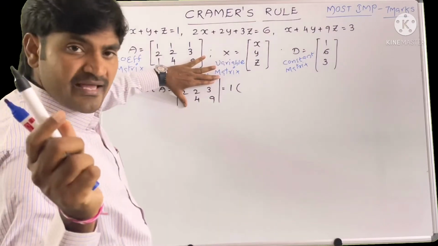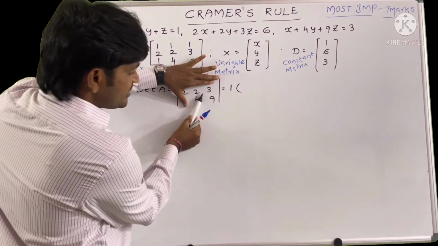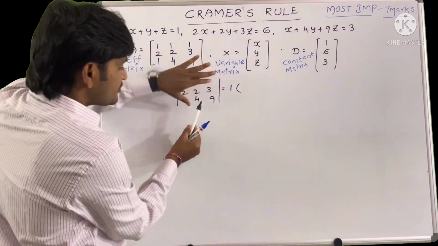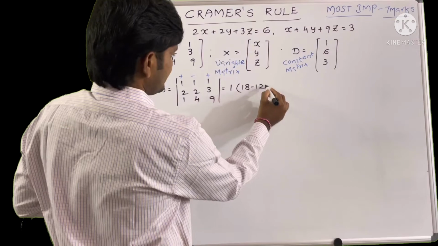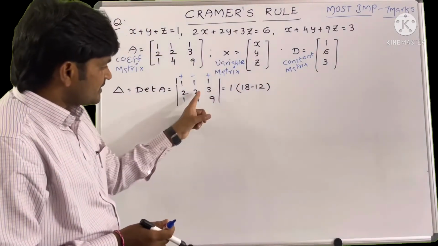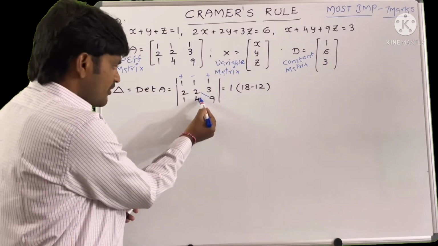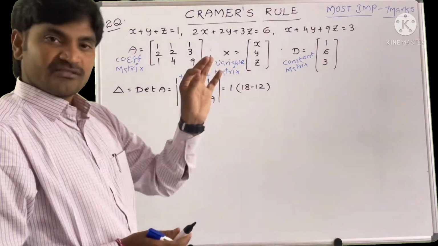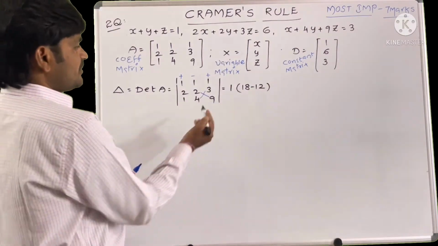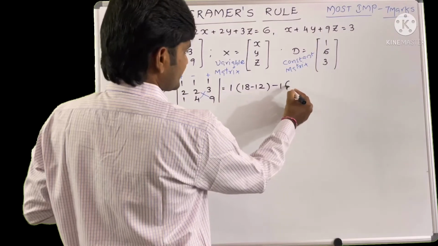Now using cross multiplication, we write 18 minus 12. Down to up, minus will come, so 4 threes are 12. Similarly, next symbol minus into 1, that is minus 1.